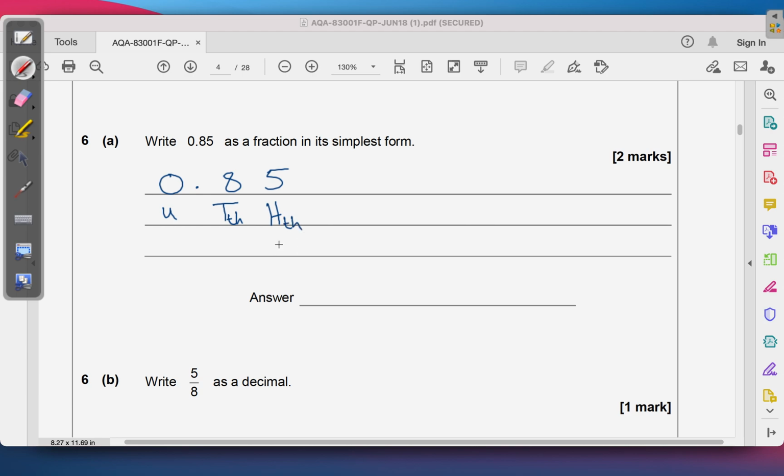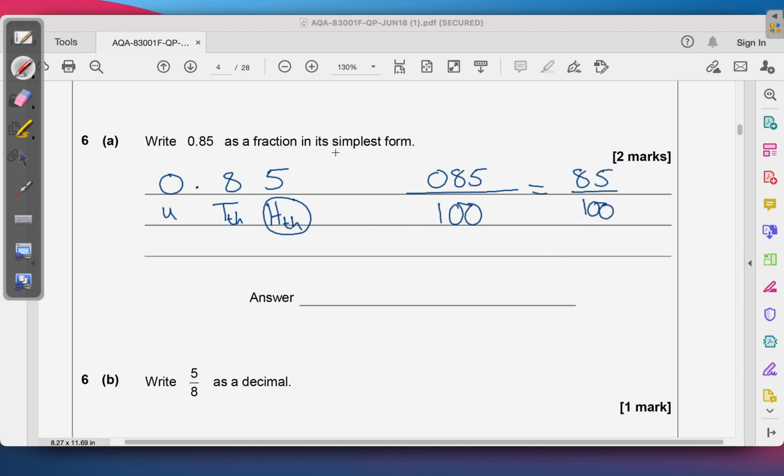Then you find the one that's furthest to the right, the hundredths, you draw your fraction, and you put this on the bottom. So the denominator becomes 100. Then we look at all the numbers that have been given. We're going to have a 0, an 8, and a 5, and we can simply write them on the top. Obviously, if we have a 0, we don't really need to write it, so we can just write 85 over 100.